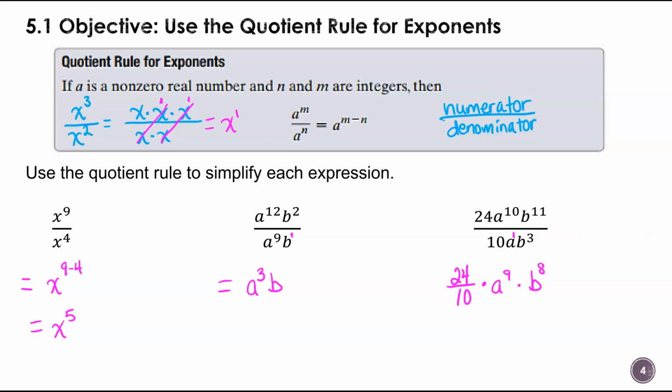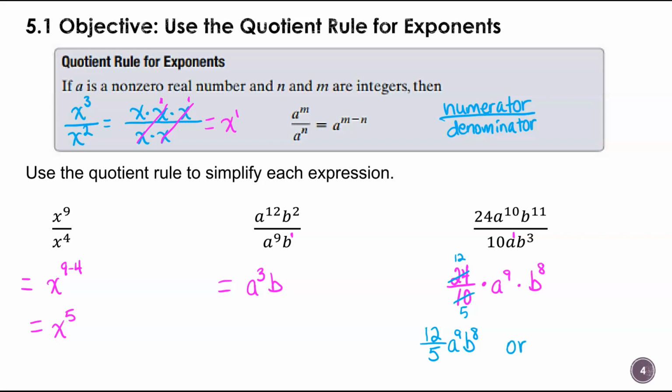Now let's look at this number. 24 and 10 have a common factor of 2, so I'm going to divide them both by 2. 24 divided by 2 is 12, and 10 divided by 2 is 5. Then I can write this a couple of ways. I can say 12/5 times a to the 9th and b to the 8th. You want to make sure it's just written to the side. You don't want those to look like they're in the denominator.